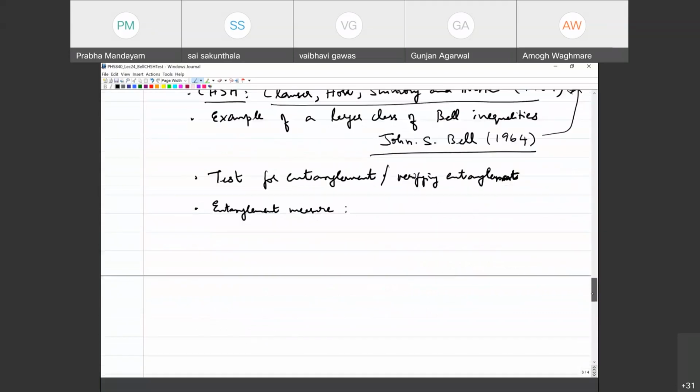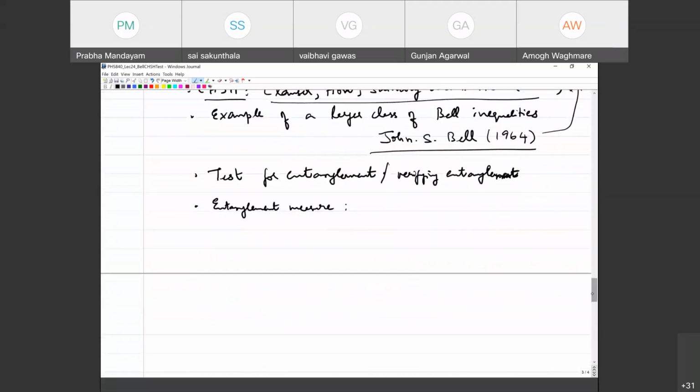It's not as if all observables are going to violate the Bell-CHSH test. Okay. So in particular, note that product states will not violate the Bell-CHSH bound.